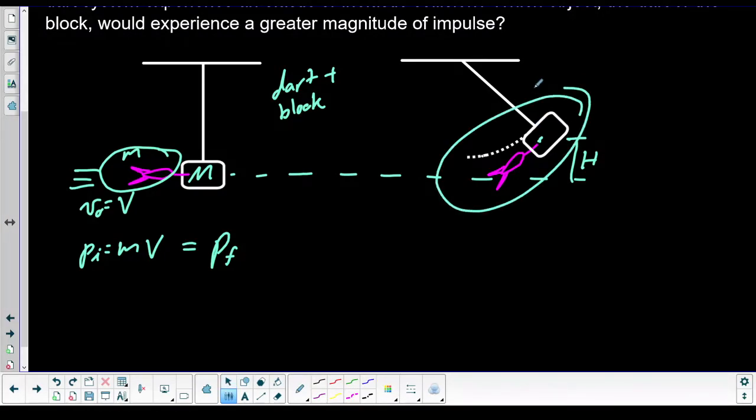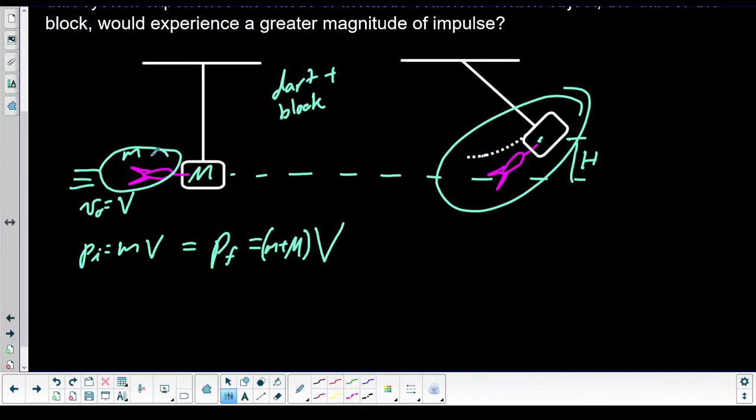So if they're stuck together, they have to have the same velocity. So our new momentum is going to be the velocity of the whole system, we'll make it a bigger V, capital V, and then the mass here would be the combined mass, the mass of the dart plus the mass of the block. Okay. So they're going to be equal.